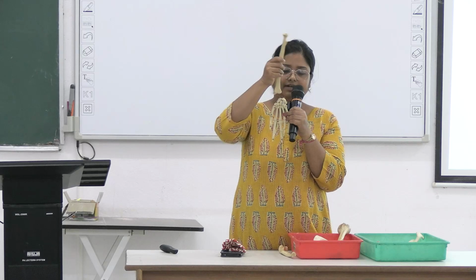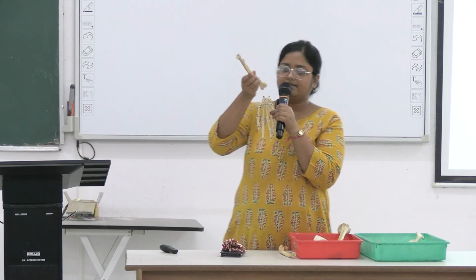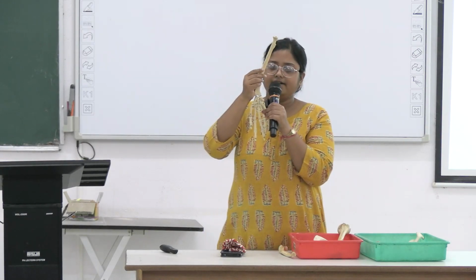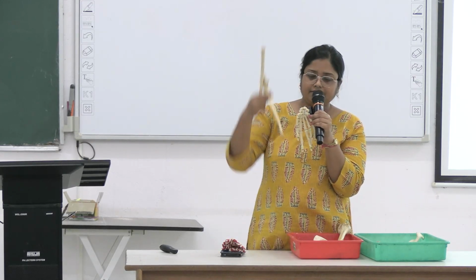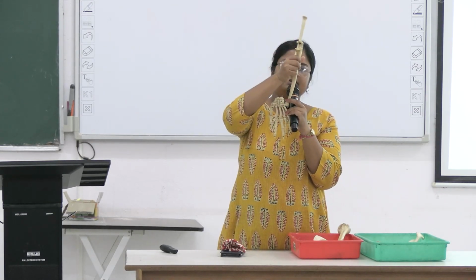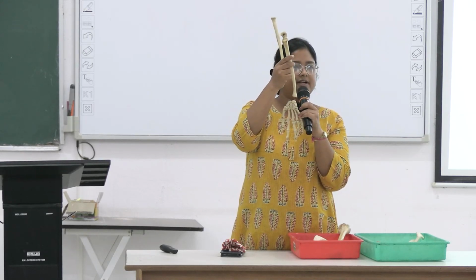So this is a palm of the right side. And see the articulation. The scaphoid and lunate will articulate with the lower end of the radius, and the triquetrum will articulate with the articular disc at the lower end of the ulna, just below the head of the ulna.